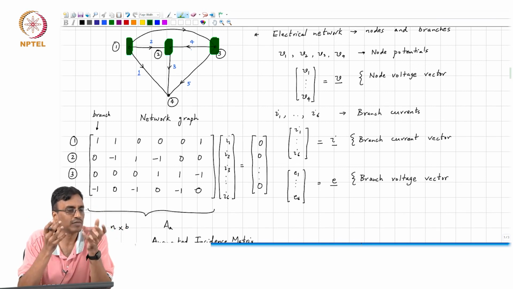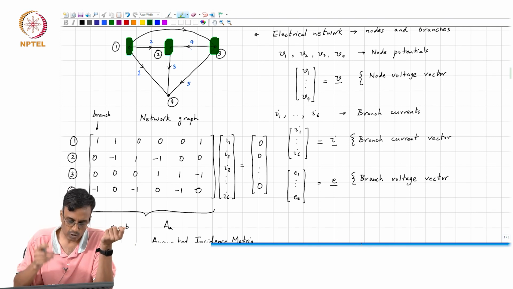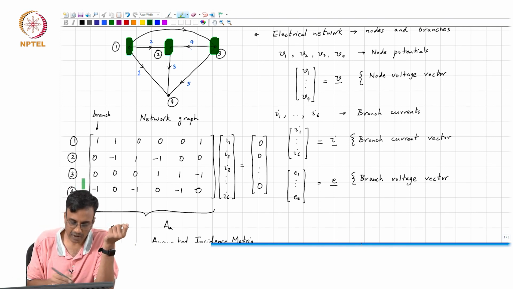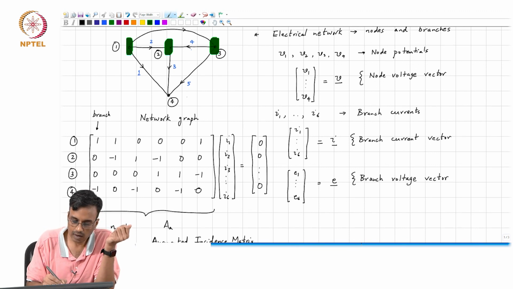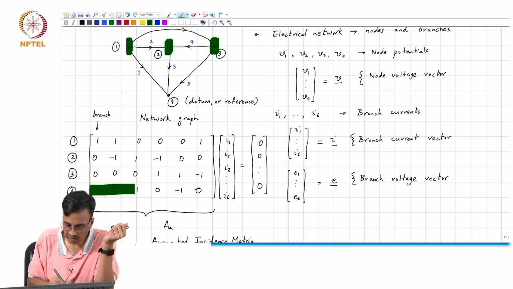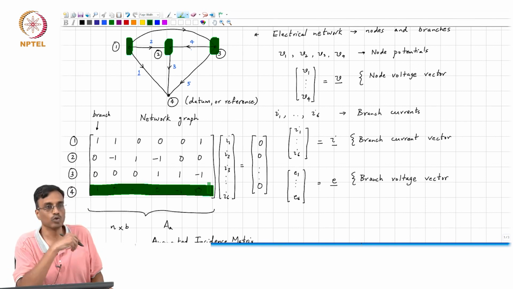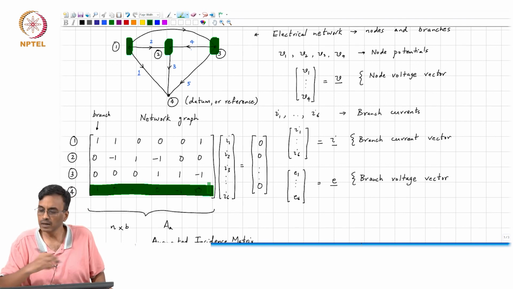You assume one of them to be the reference, and the potential of all the other nodes with respect to the reference is what you need to find. So, in other words, if we choose this as the datum or reference, then this row, for instance, can be neglected. It offers no new information.